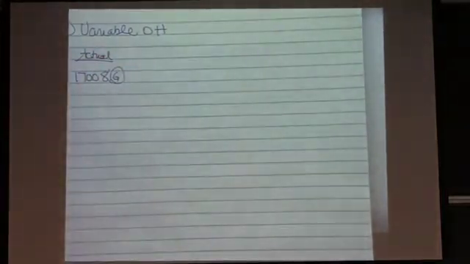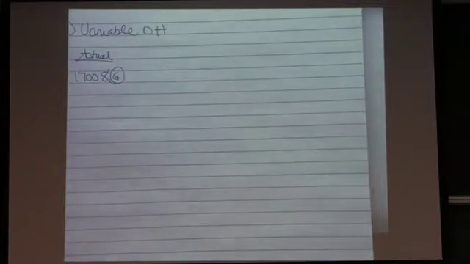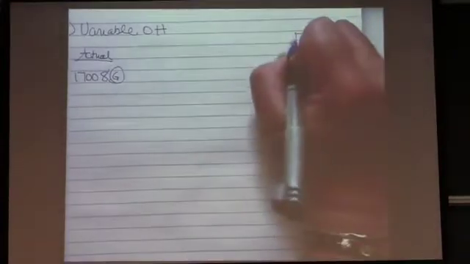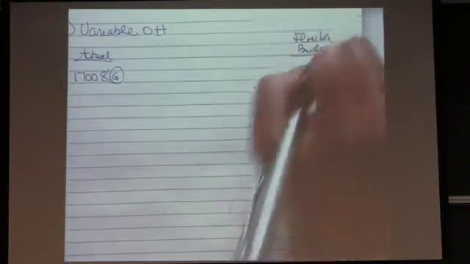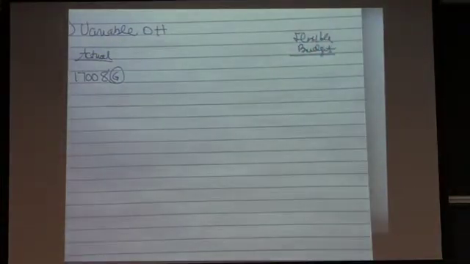So let's start with variable overhead. What are the actuals? What did we incur? We incurred 17,008. This is given, I put a letter G beside it. Now, what's the flexible budget? Flexible budget is all about actual output.